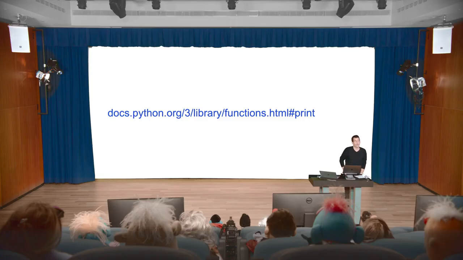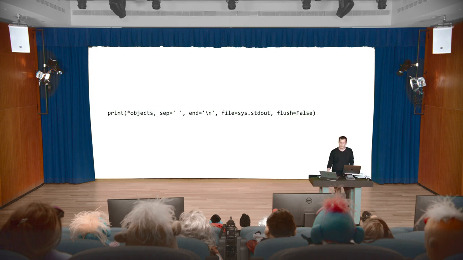Recall our old friend print, which we've been using now for weeks. And when we first looked at the documentation for print way back when, it looked a little something like this. The first argument to print was objects, and I waved my hand at the time at the asterisk that was at the start of that variable name. But then we had sep for separator, the default value of which was a space.